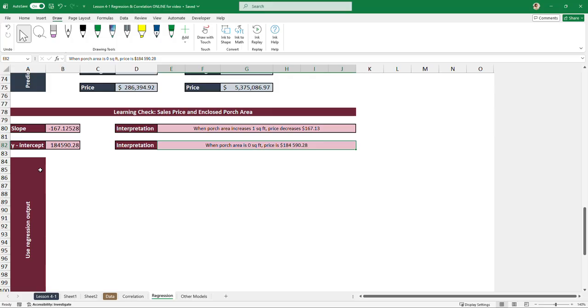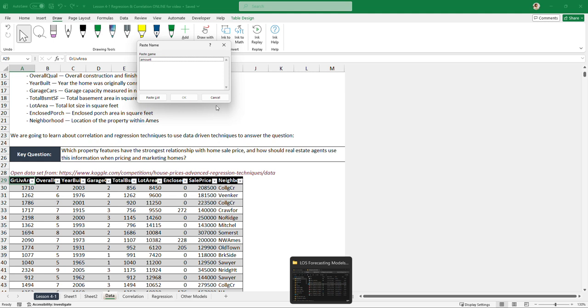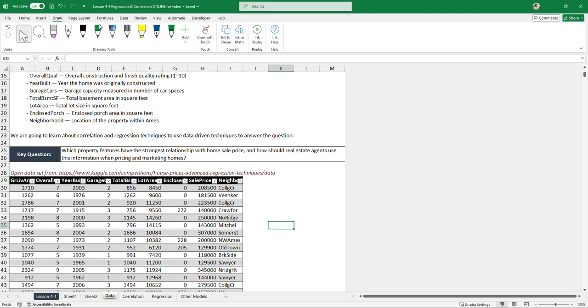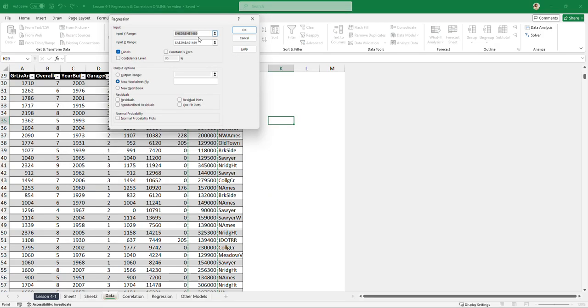If you use the regression tool to get the same results, I would go to my data sheet, and then from the data sheet, I would go to my tool pack and regression. I want the same Y range as before, but for the X range, you'll need to reselect that.